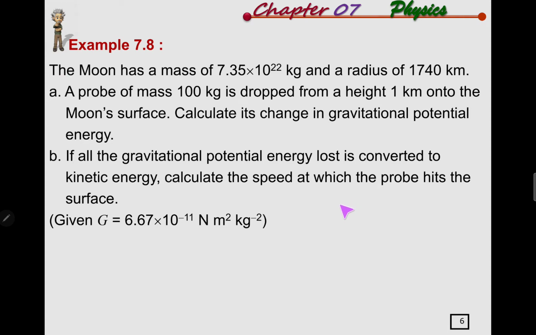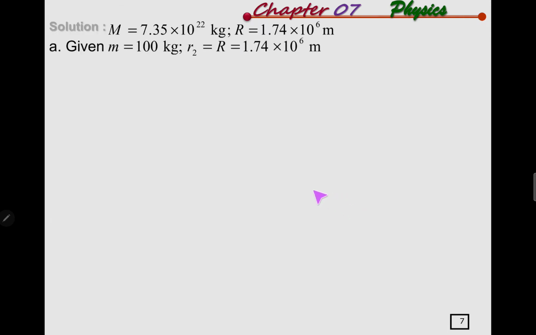probe hits the surface. Based on the information given, the mass of the probe, the radius of the moon r2, this one r we convert into meter, since initially it was given in kilometer.